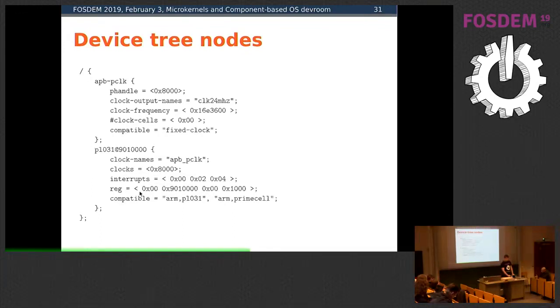Specify what interrupt it uses, what registers it uses, what it is known as, and then also if the device needs some other components from the device tree, we also need to provide them, such as this clock node, which is necessary, otherwise Linux wouldn't find it.